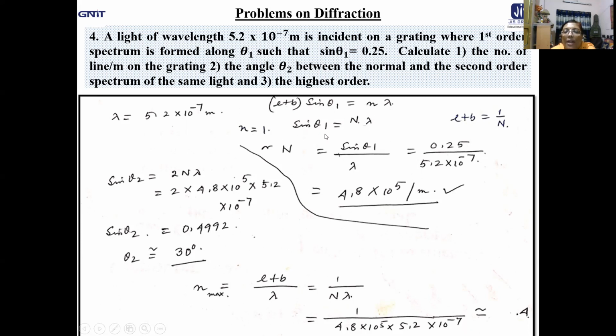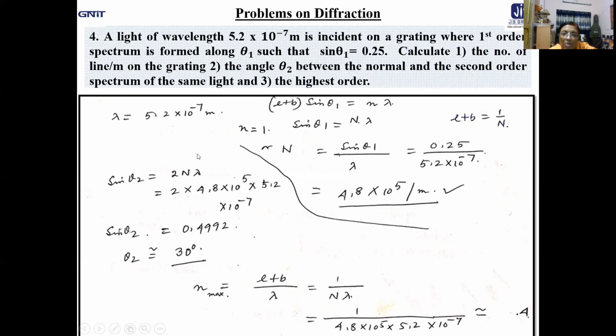So sine theta 1 equal to capital N into lambda. Now what about N? Sine theta 1 by lambda. Now the sine theta 1 value is given, the lambda value is given. So you are asked to find out the number of lines per meter on the grating. You got the value because lambda is given in meter. Clear?